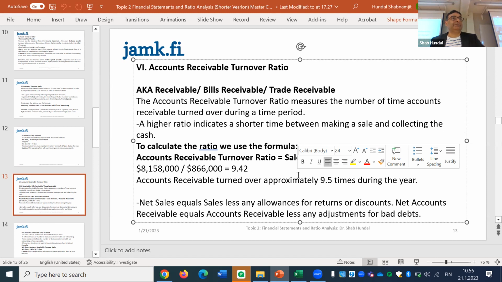So you have to wait. And you want this ratio to be larger. For the same amount of sales, the customer is paying you 9.5 times. The more times they pay you, the happier you are.